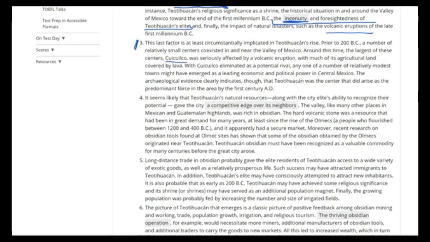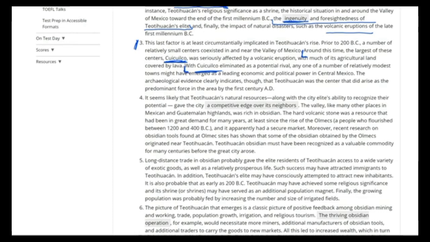Here they talk about Quiquilco, so this is important. So let's start here. Around this time, the largest of these centers, Quiquilco, was seriously affected by a volcanic eruption, with much of its agricultural land covered by lava. With Quiquilco eliminated as a potential rival, any one of a number of relatively modest towns might have emerged as a leading economic and political power in central Mexico. So in the second sentence here, they already don't really talk about Quiquilco anymore.